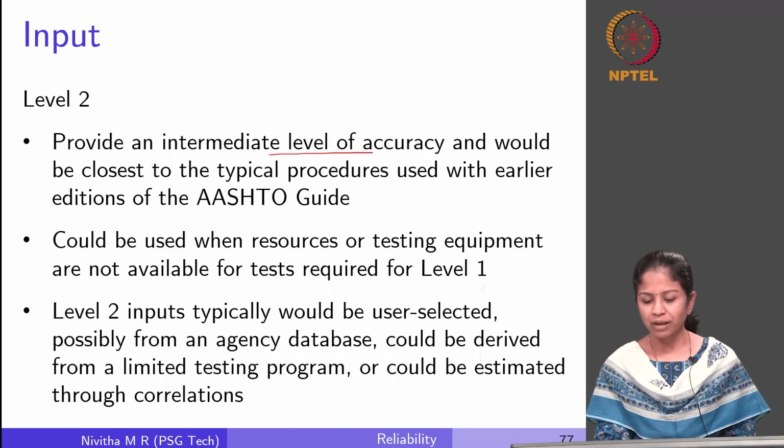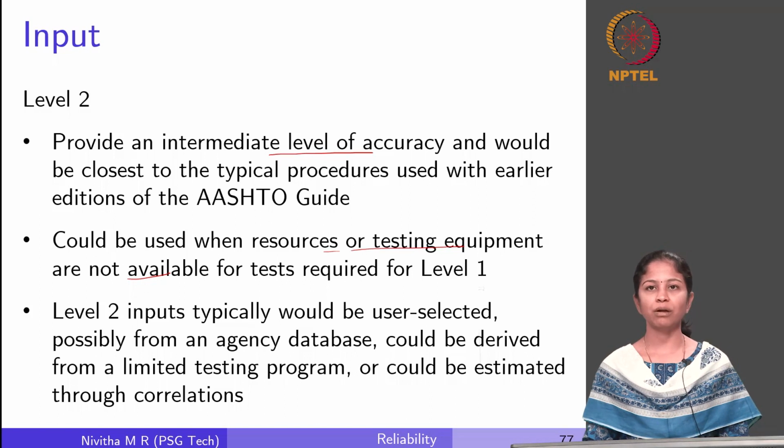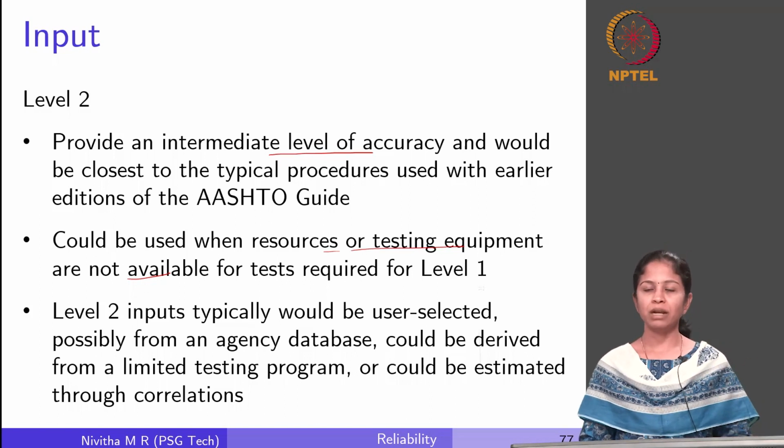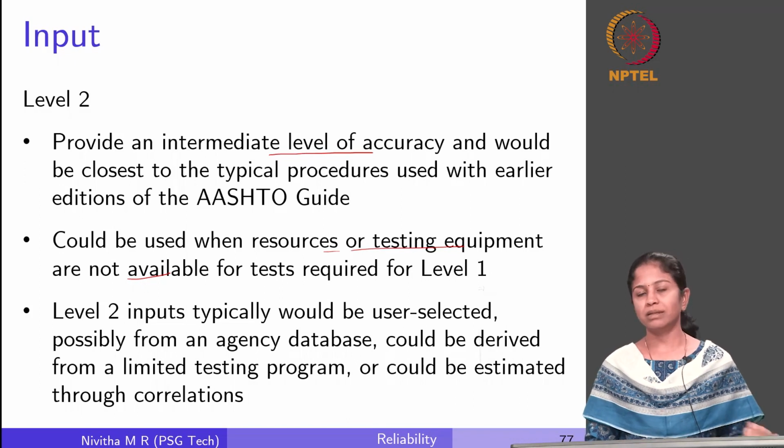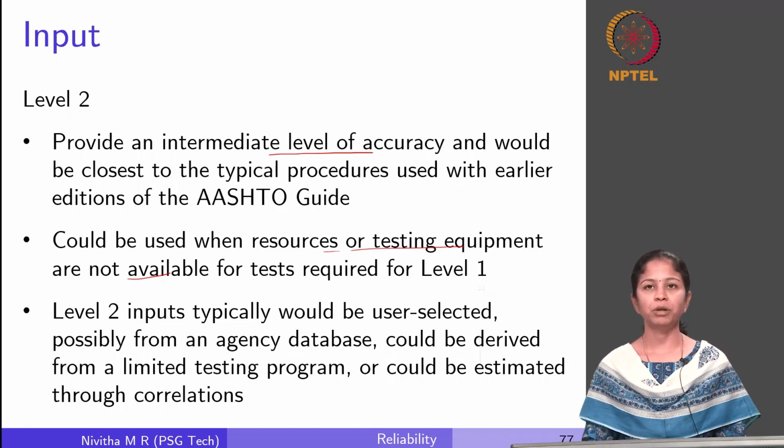It can be used when resources or testing equipment are not available for tests required for level 1. Let us say dynamic modulus is required as the modulus measure for bituminous mixture, and I do not have an equipment to measure dynamic modulus.